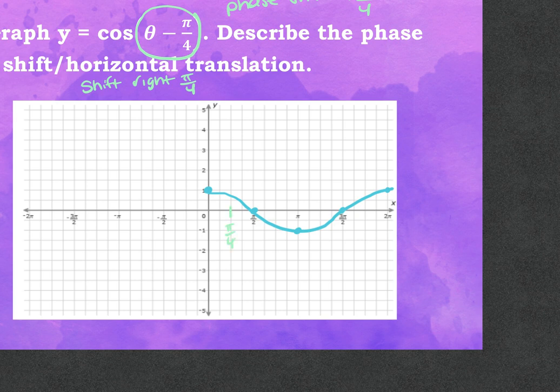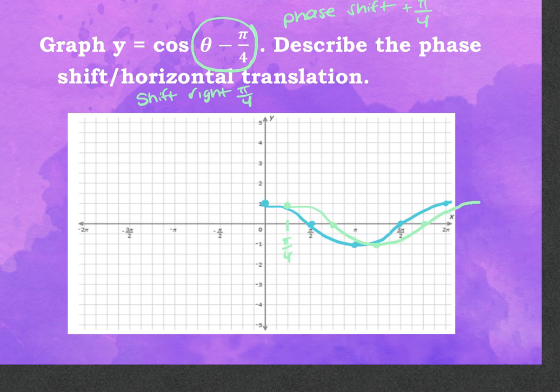So in Notability, this is easy because I just shift everything over pi over 4, because you can literally circle it and drag it. But obviously on your test, you're not going to be circling and dragging because you're not using your iPad. So you also want to be comfortable with that shift.